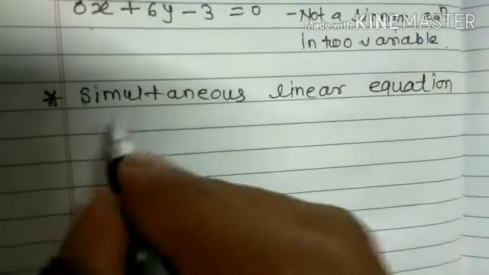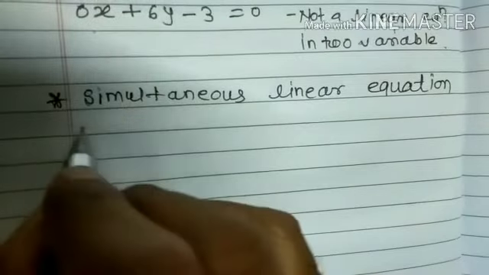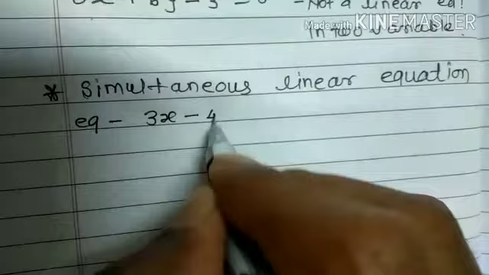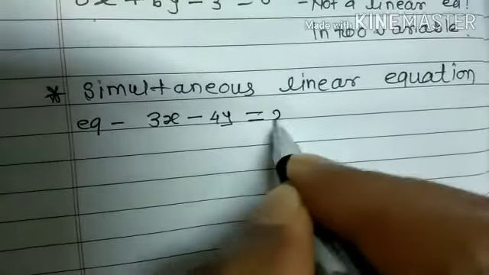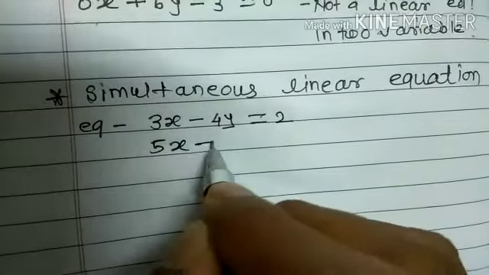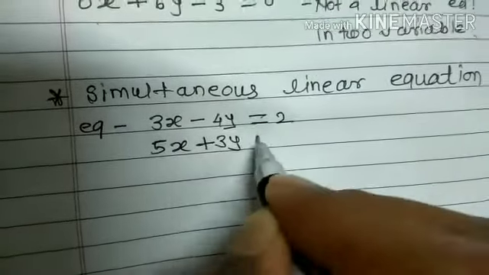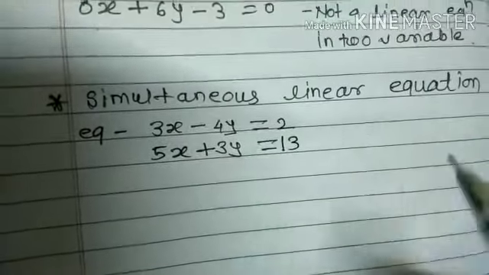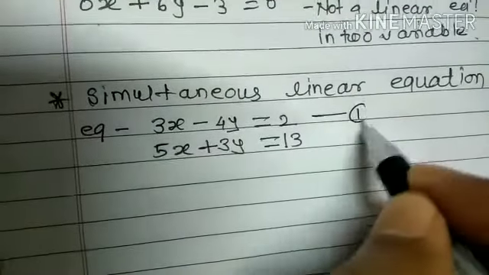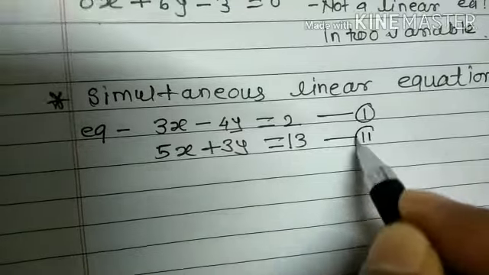Means what actually? So I will write one example here. 3x minus 4y is equal to 2, and another example, 5x plus 3y is equal to 13. These are two linear equations. This is linear equation 1 and this is linear equation 2.